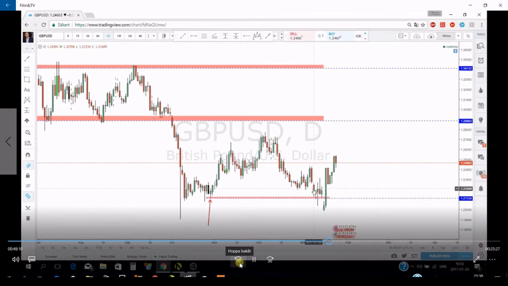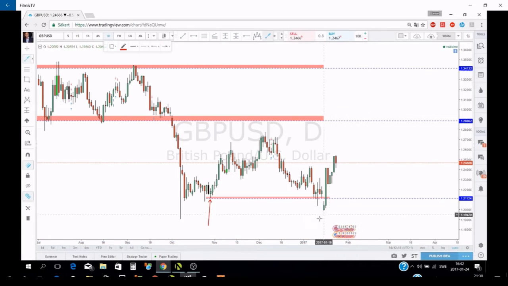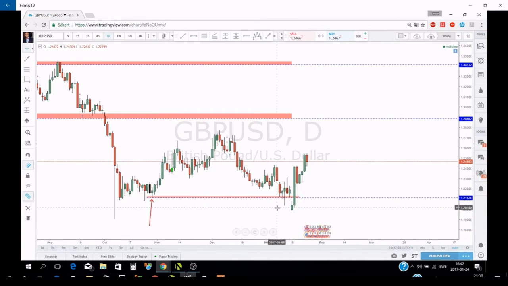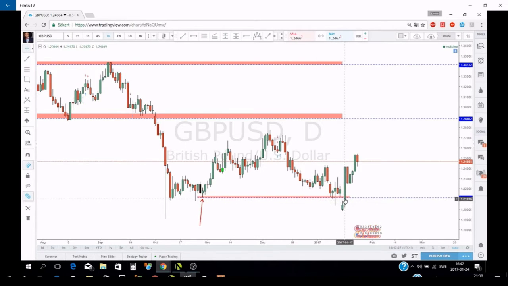We have broken this major level on the gap down, and it was what I call a novice gap down, because when those gaps happen on the weekend, lots of retail traders are doing them, not big banks trading at that time.